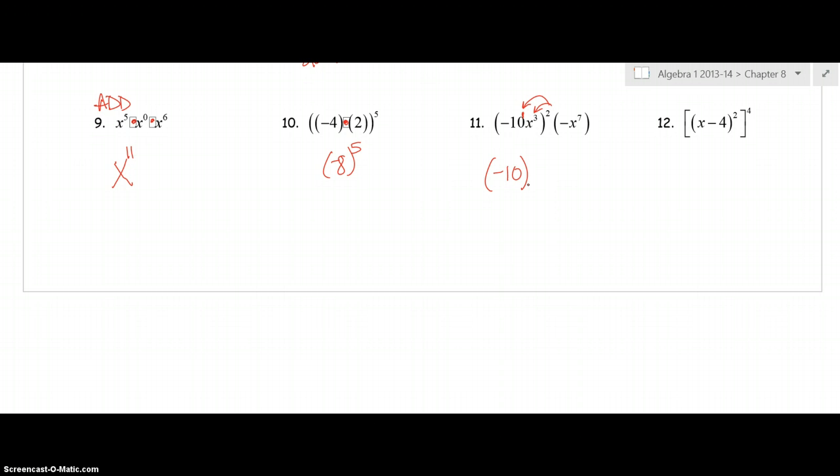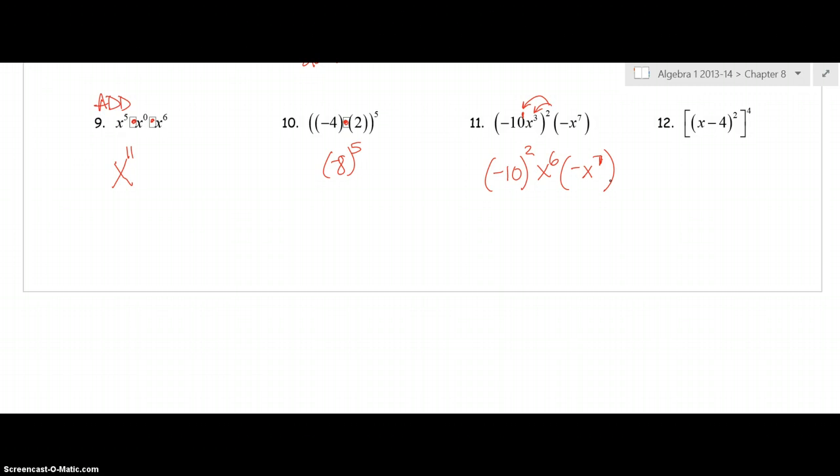So negative 10 squared, because 1 times 2 is 2. X to the 3 times 2 is 6. And then there's nothing that we can do with that negative x to the 7th yet. The only reason why it's in parentheses is because of the negative.